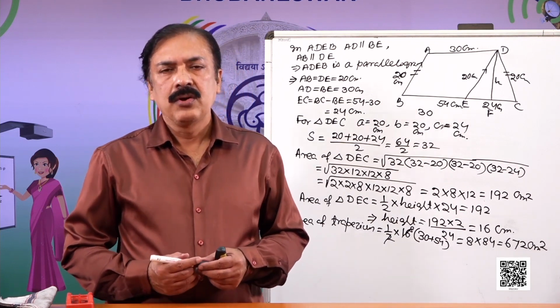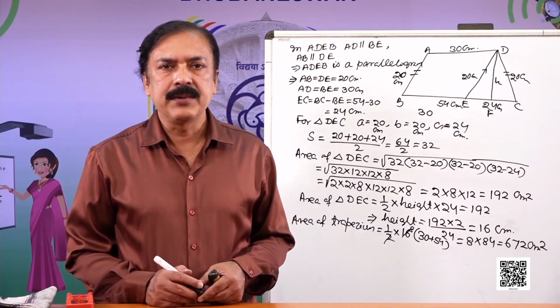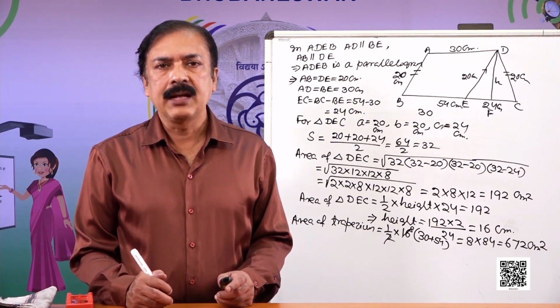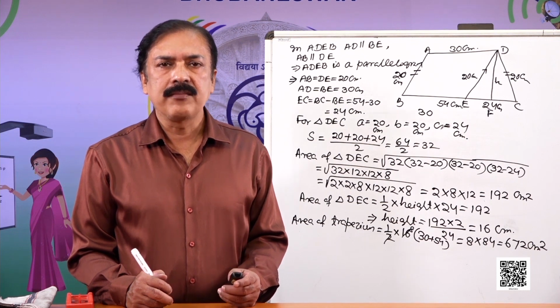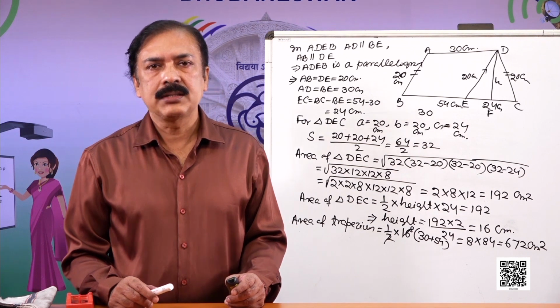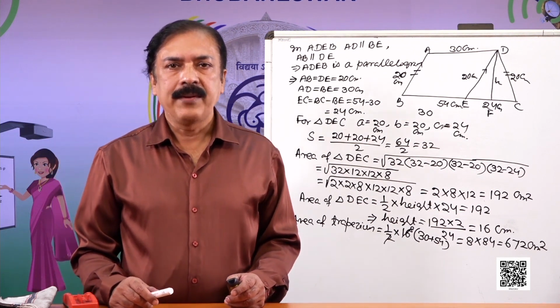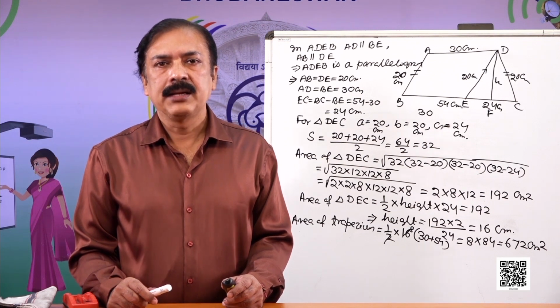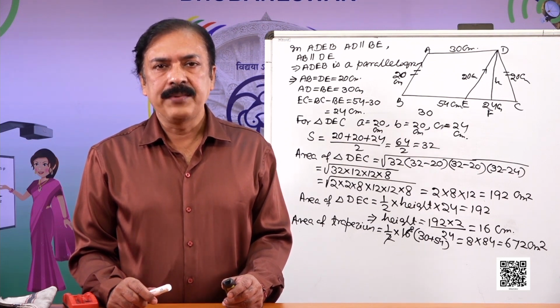Here also, to find the height of the trapezium, we use the area formula of the triangle. So the Heron formula is used here. Dear students, today we discussed the application of Heron's formula, how to find the area of the trapezium.